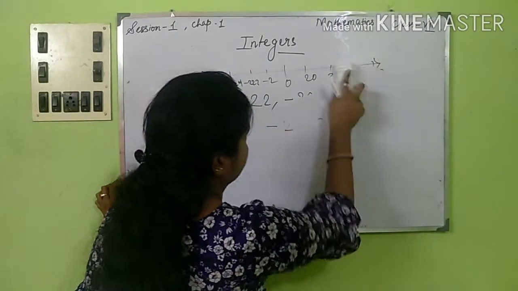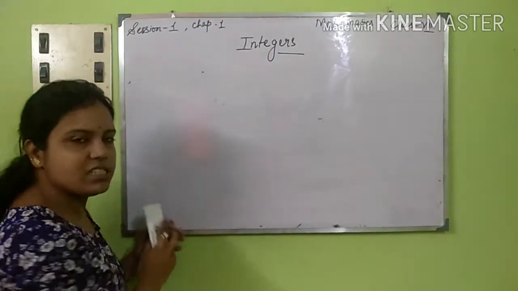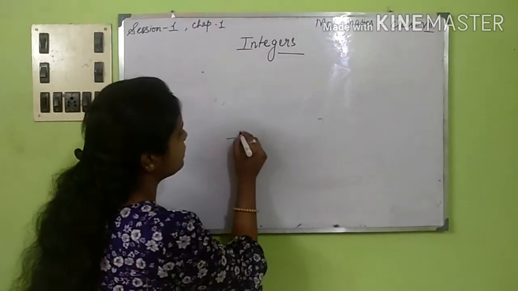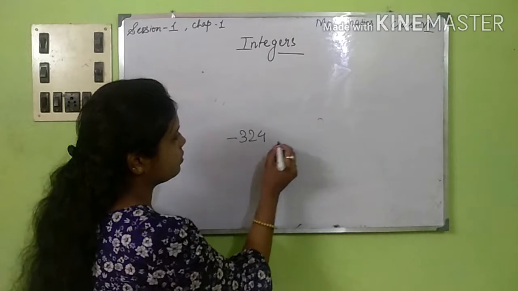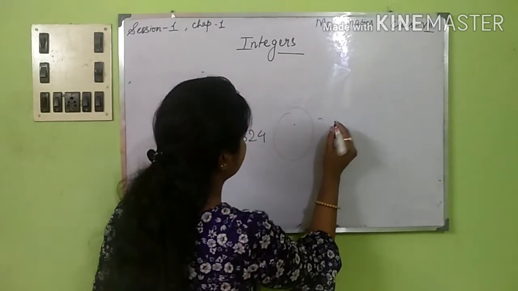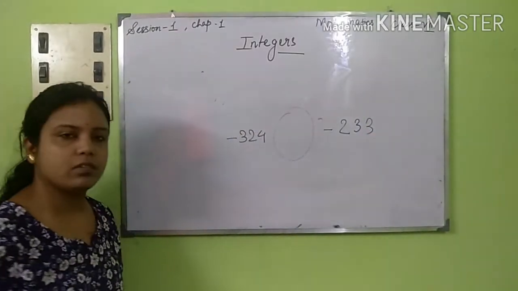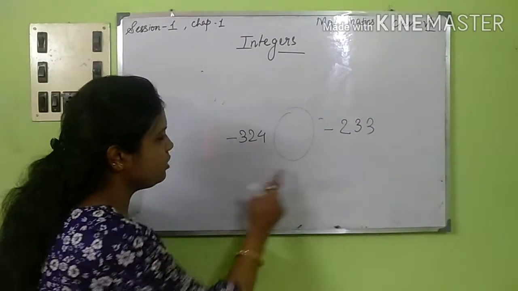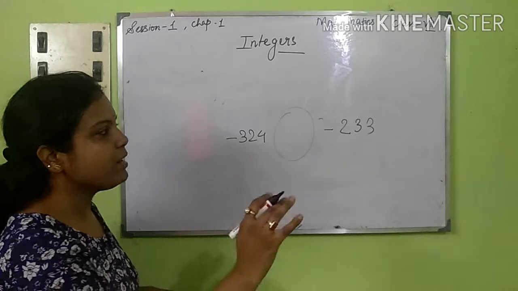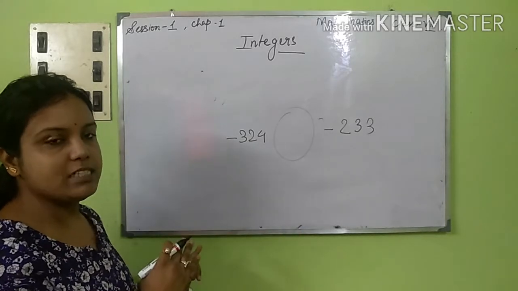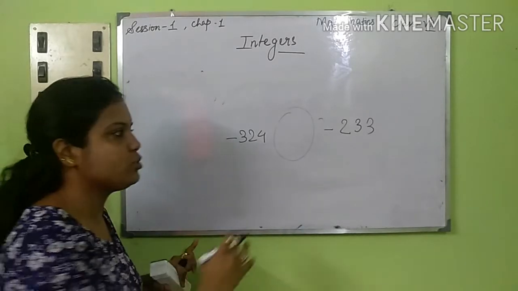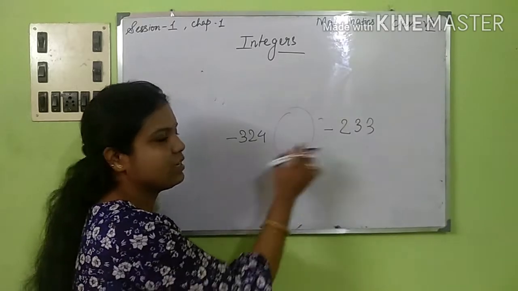Right? I'll come up with some more examples. Let's take minus 324 and minus 233. Which one is bigger, this one or this one? In a number line, towards the left hand side, that is towards the negative integers, which is going to come first, this one or this one?